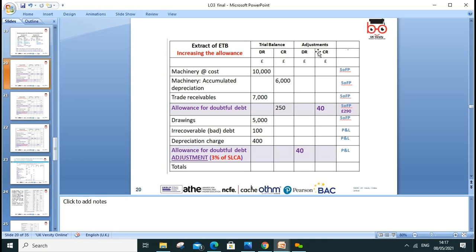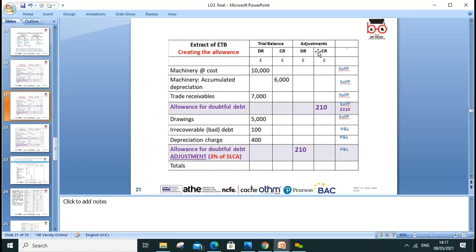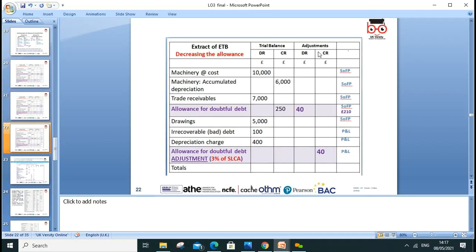And for the allowances for doubtful debts we can make the adjustment. Drawings are also part of the capital, which we can subtract to reduce the capital. Irrecoverable debts go in the profit and loss. So these are all the adjustments which we can make.